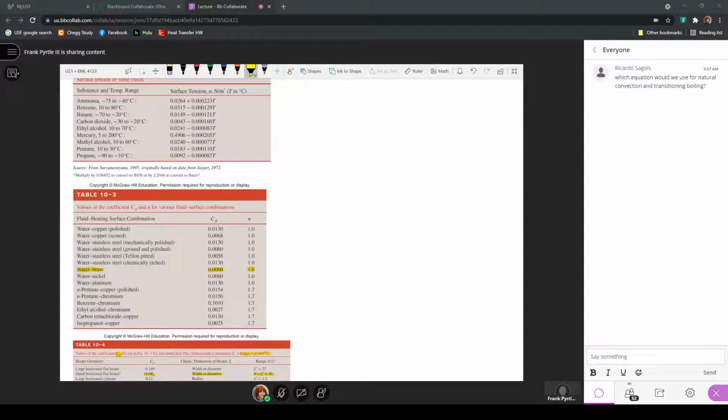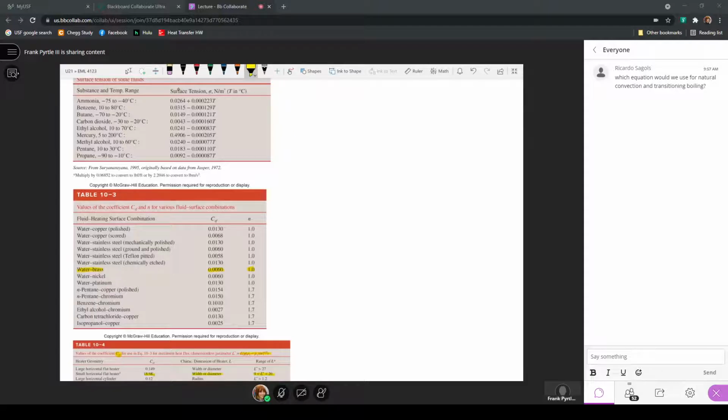And the value of C sub SF, it looks like the lowest value is 0.0058. The highest one is 0.013. These values of C sub SF vary quite a bit, but it's going to be dependent on the condition.